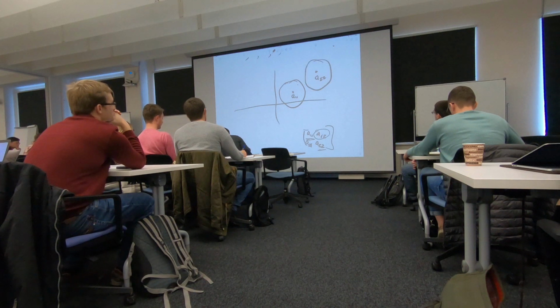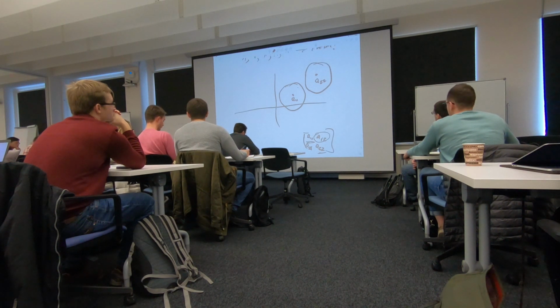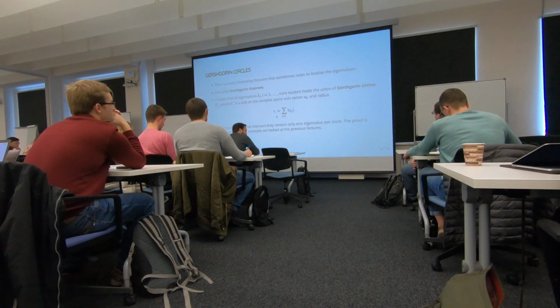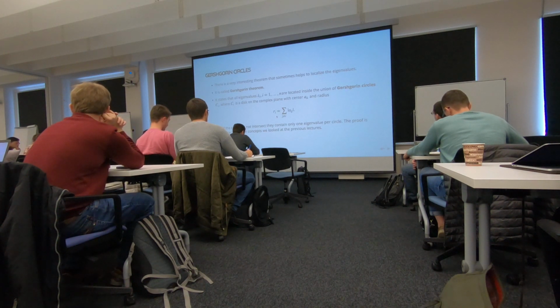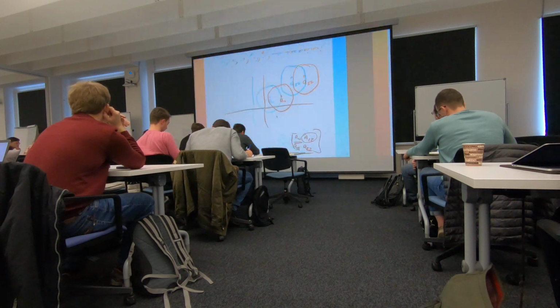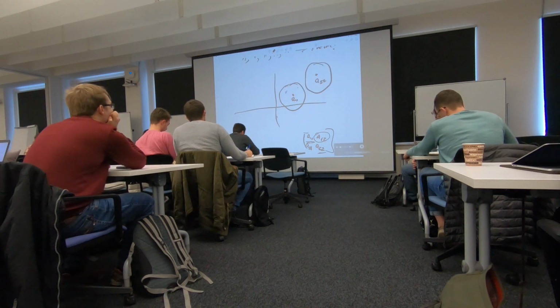Suppose we have a situation like this. If we have two disjoint circles, then we can say that if the circles do not intersect, each circle contains only one eigenvalue. So in this case, maybe one eigenvalue is somewhere here and another eigenvalue somewhere here.